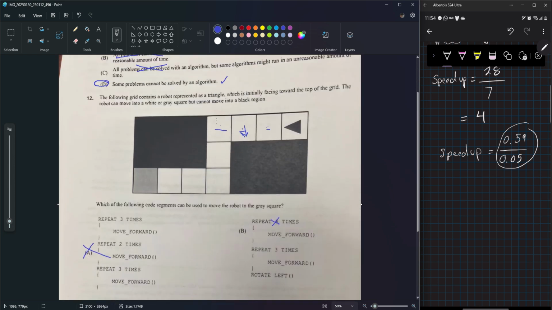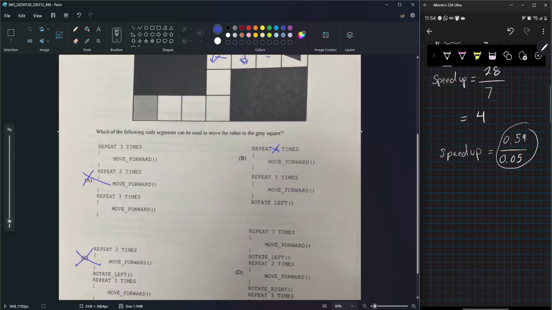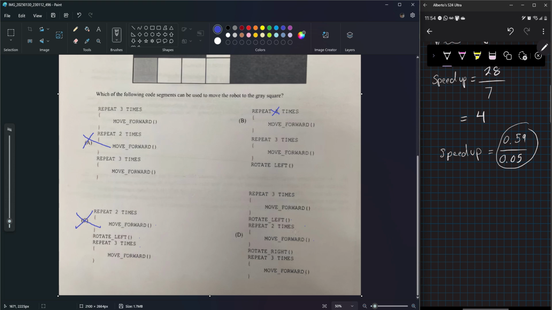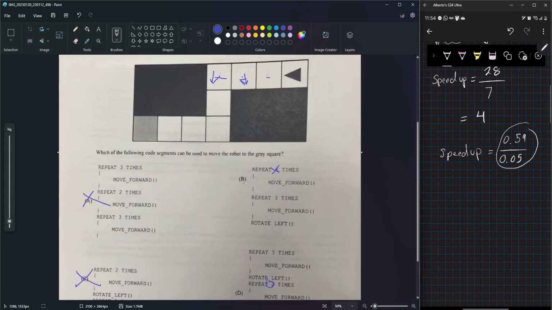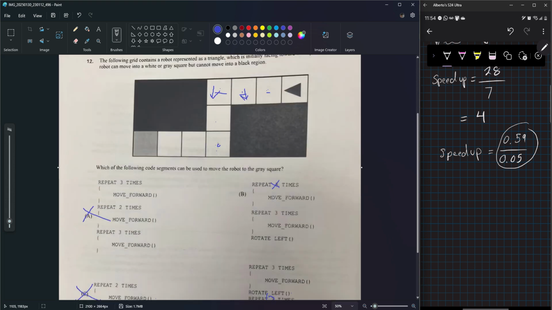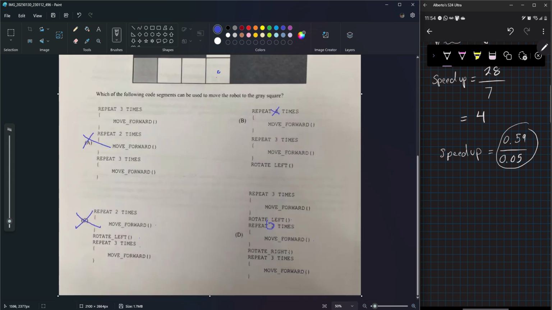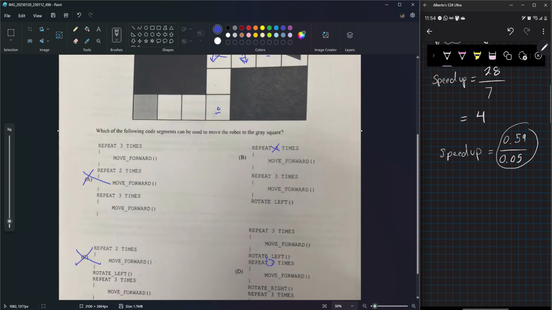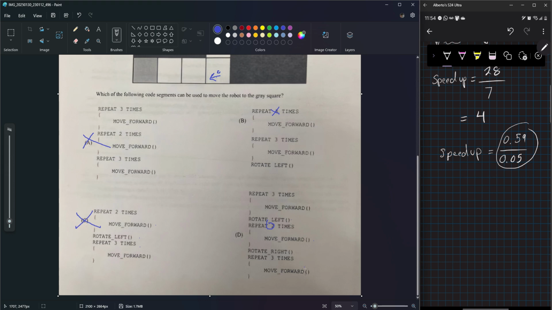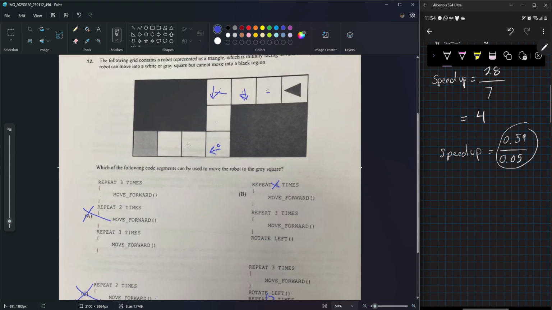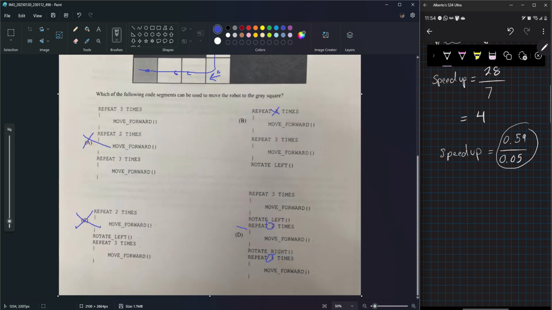Then rotate left, so then it's going to look down. Then it says move forward 2 times, so 1, 2. It's right here. Rotate right, so then it points this way. And then repeat 3 times, move forward, so 1, 2, 3. Yeah, so it's that one. It goes like this.